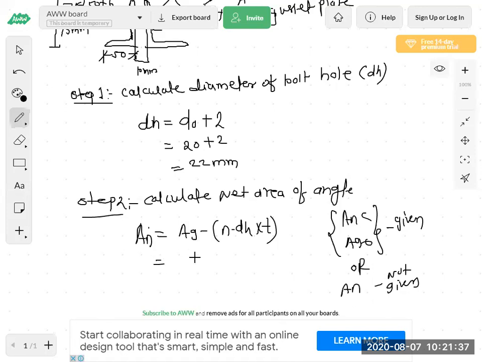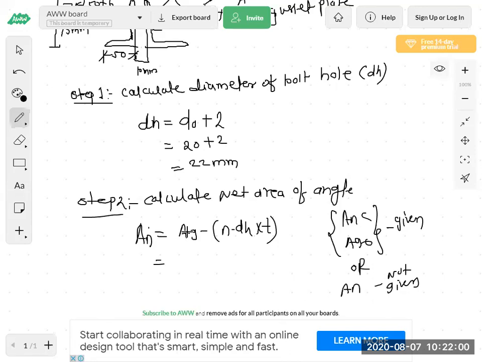Okay. So now we have to select this gross area from the steel table. Please, everyone open the steel table. So is this an equal angle or an unequal angle section?